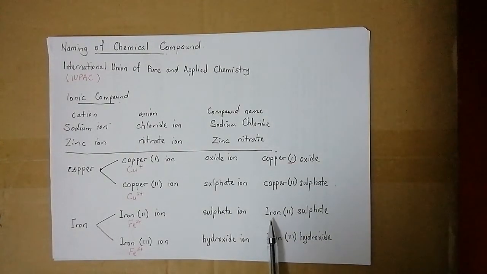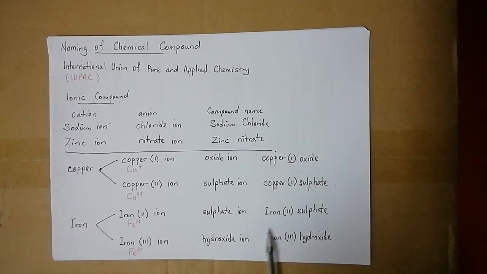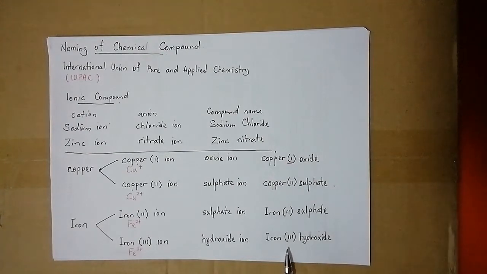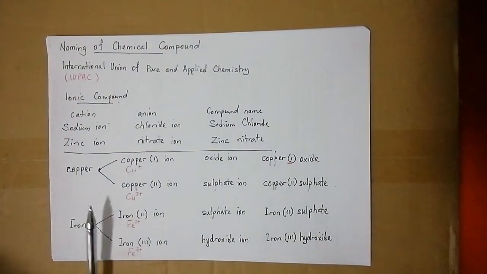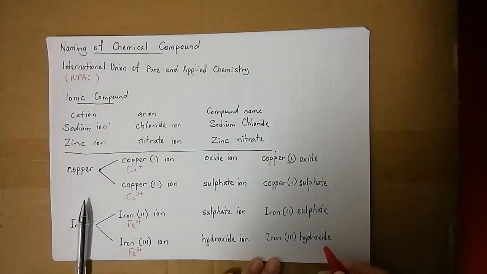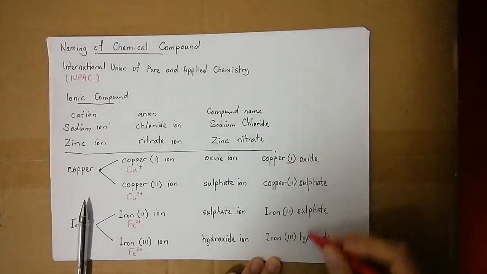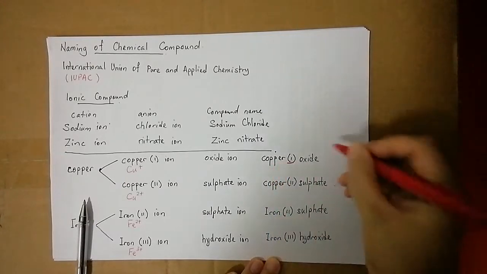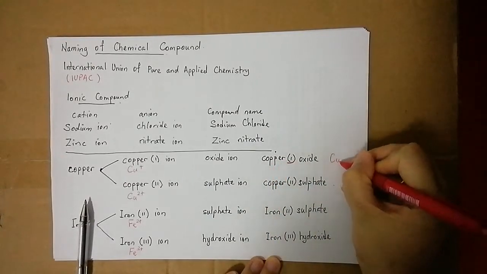So when I see iron(II) sulfate, I know the iron has a 2 positive charge. When I see iron(III) hydroxide, I know this ion has a 3 positive charge. So when I write the formula for a compound like copper(I) oxide, the compound will be Cu2O.